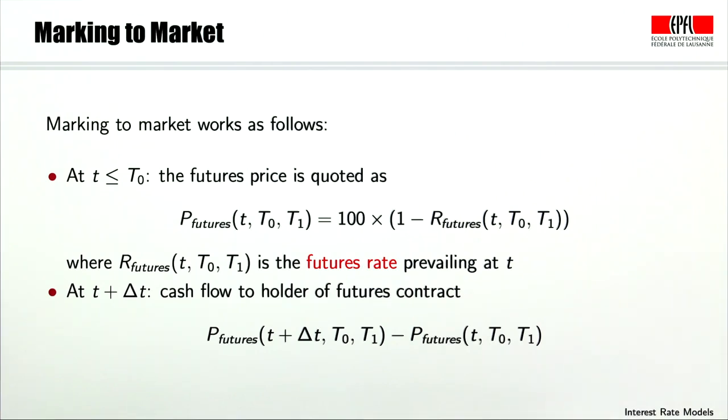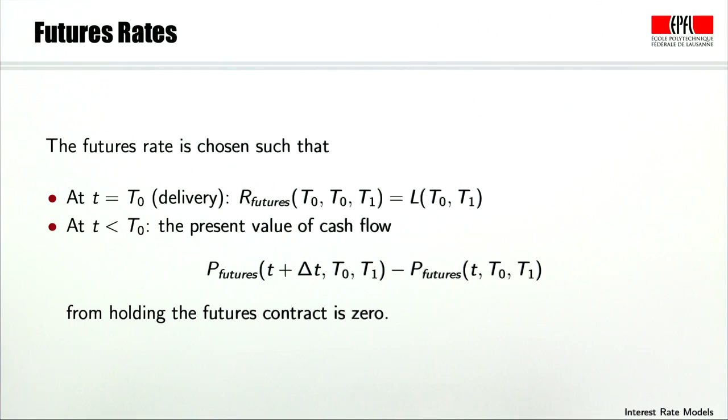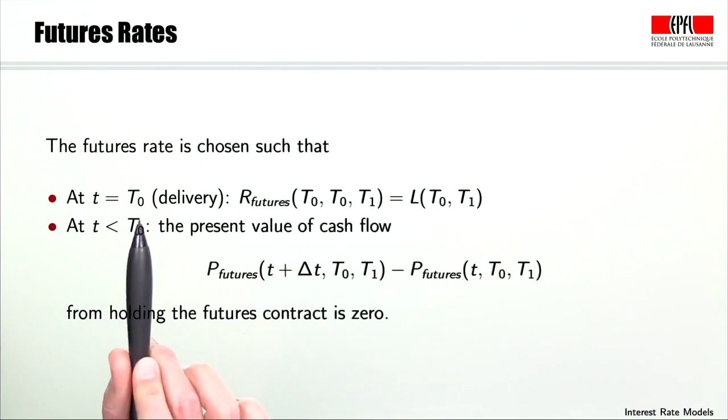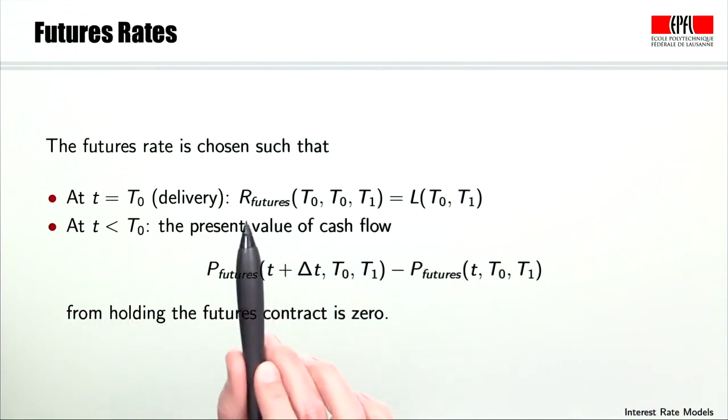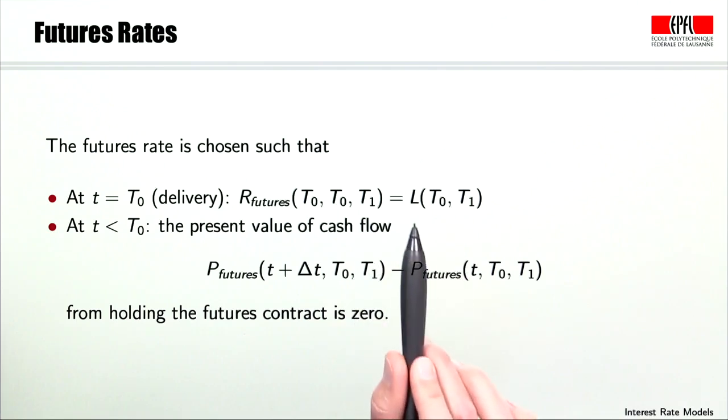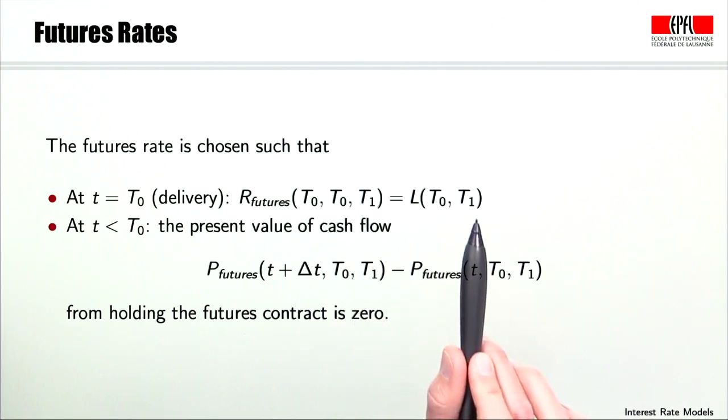Recall, this cash flow can be positive or negative. The futures rate here is chosen such that the following two conditions hold. At the settlement date or delivery date of the futures contract, T0, the futures rate equals the underlying spot rate.